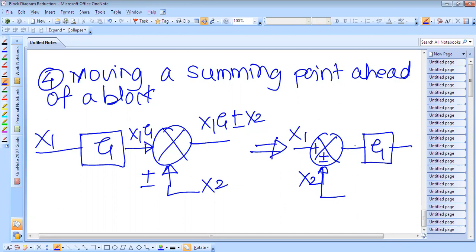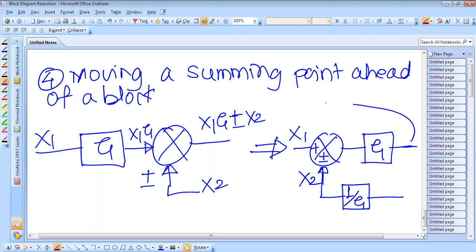But now see the output, it is x1G plus minus x2G. So the output is not the same. To make the output the same, here we have to add one more block, and the gain of this block will be 1 by G. If you multiply this, the G will get cancelled, and only x2 will remain at this end.